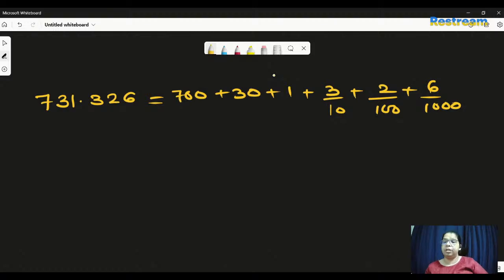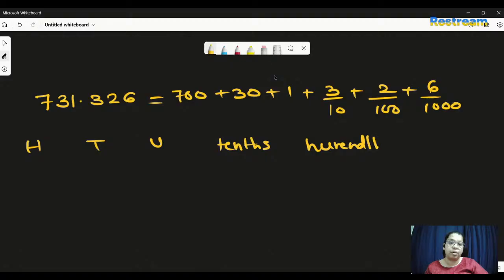Your 700 is the hundreds place. So we'll write hundreds, tens, units, tenths, hundredths, and thousandths.